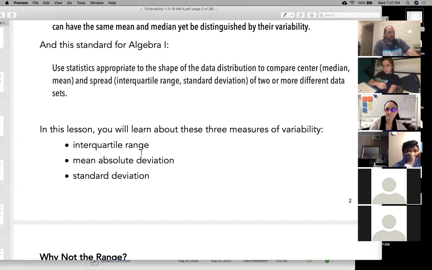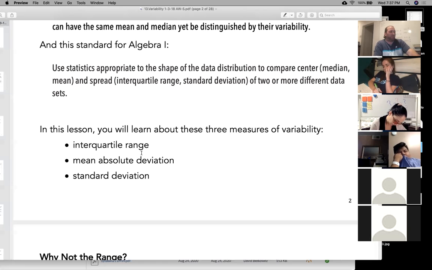So you have the range. The range goes with nothing, but the IQR goes with the median, and the standard deviation goes with the mean.